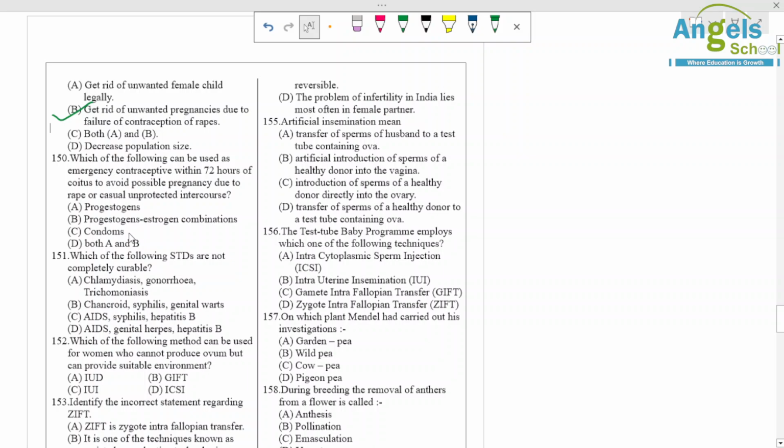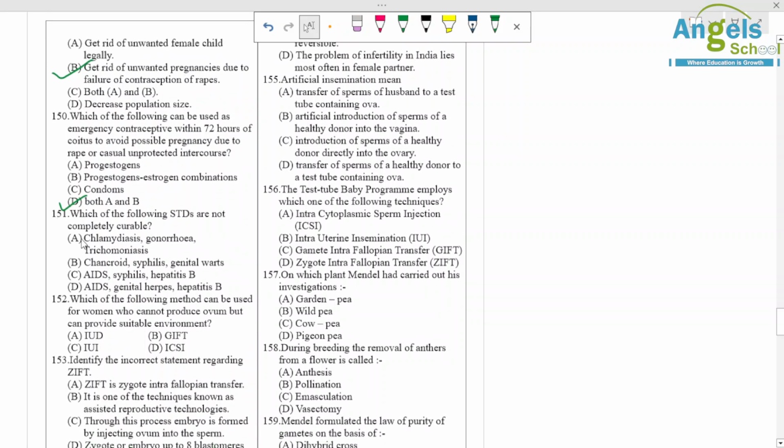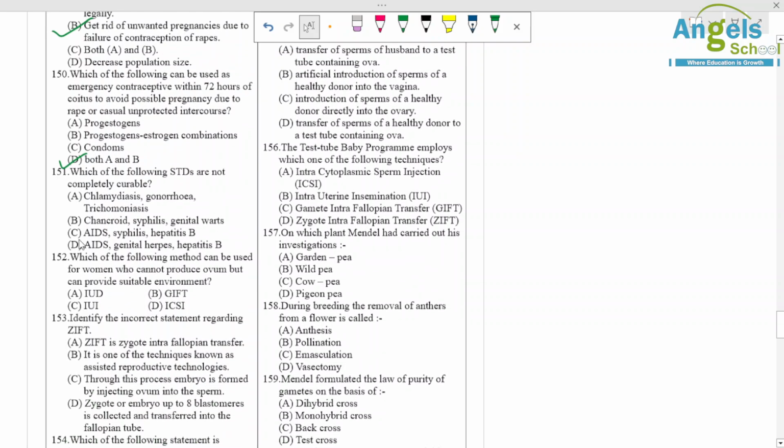In this case, progestogen and progestogen-estrogen combination pills can be given. So both A and B are correct. Question number 151. Which of the following STDs are not completely curable? AIDS, hepatitis B and genital herpes are not curable diseases.